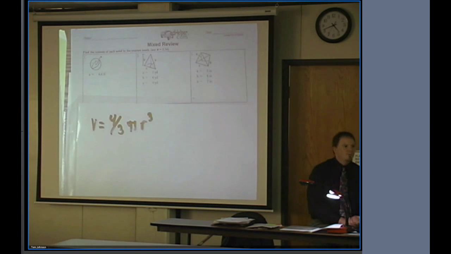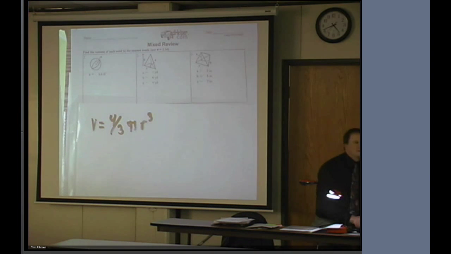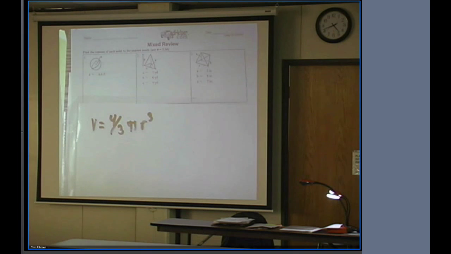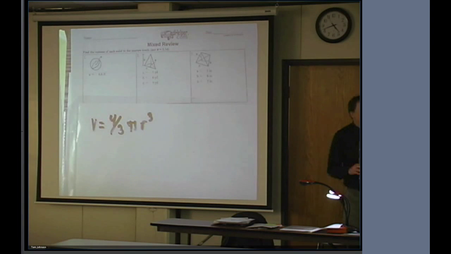Okay, so when we're dealing with area, how many dimensions are we looking at? Two. Okay, so we're looking at length and height, or length and width. We're looking at two dimensions when we're looking at area.